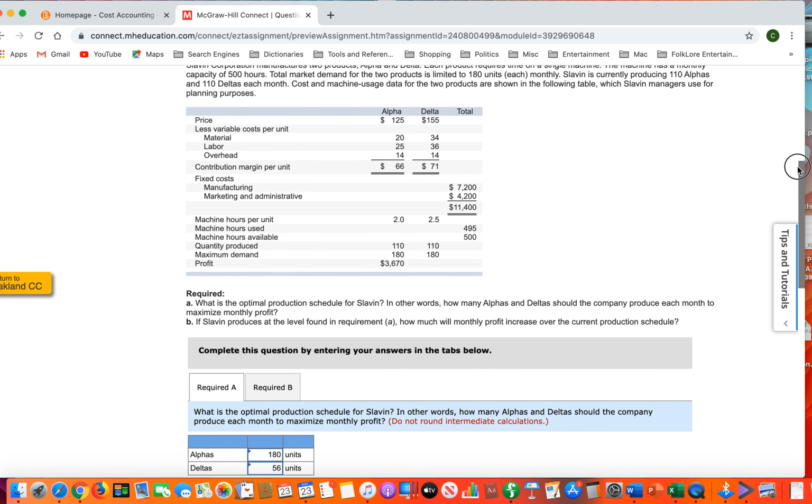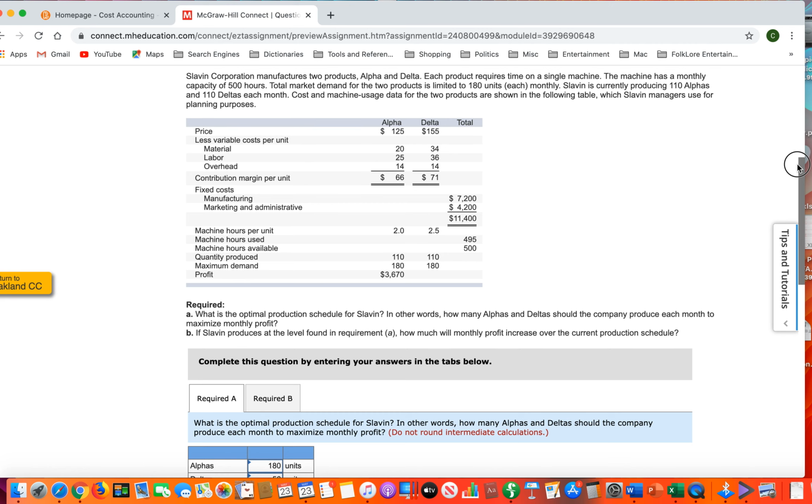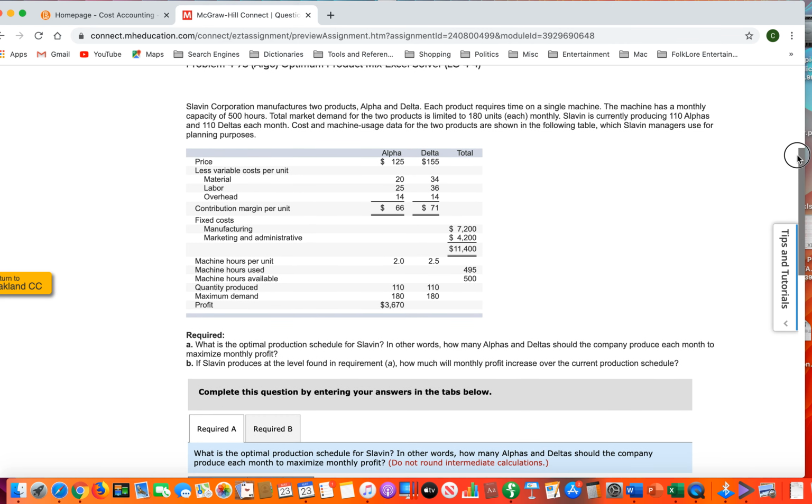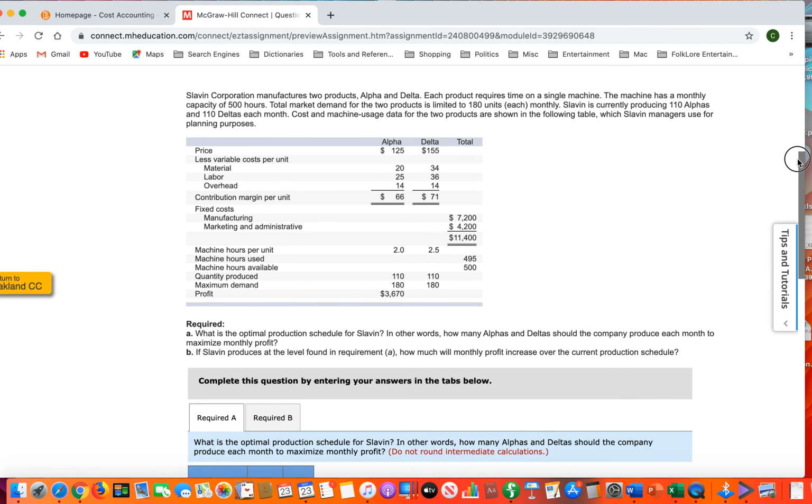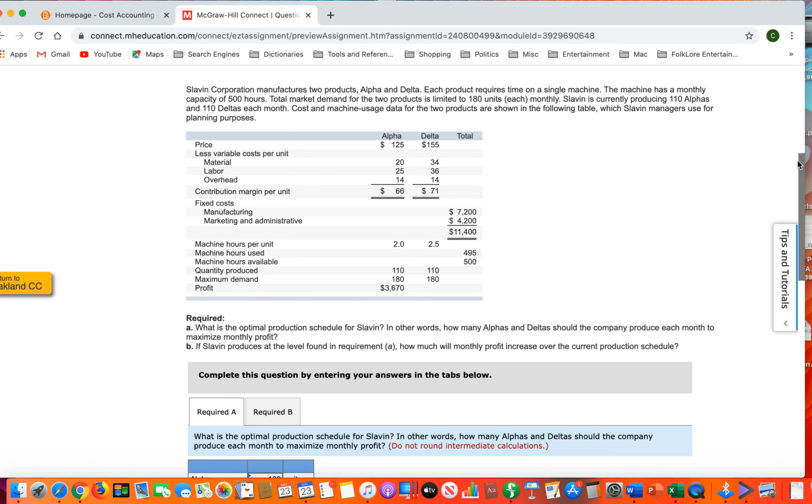And again, just to show you how I got that, since Alpha has a higher contribution margin per machine hour, you want to produce as many of those as you can, and the maximum is 180. So 180 times $125 is $22,500.